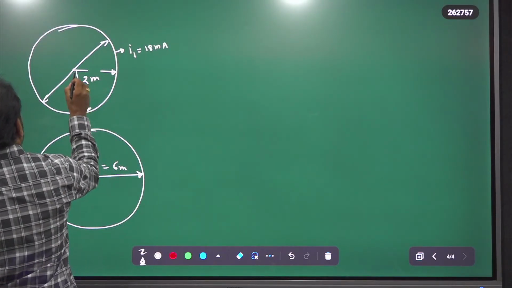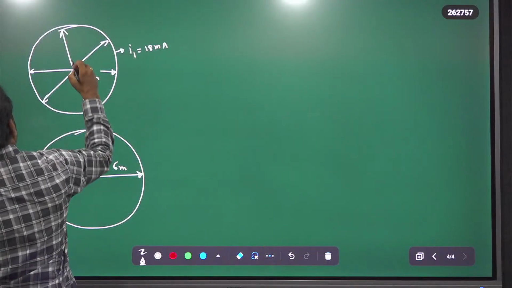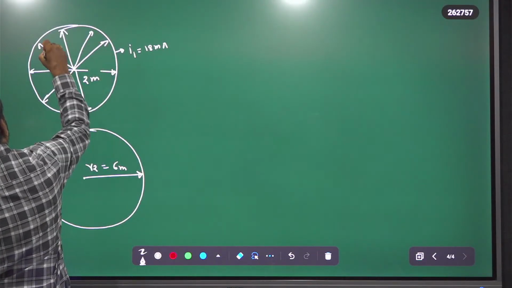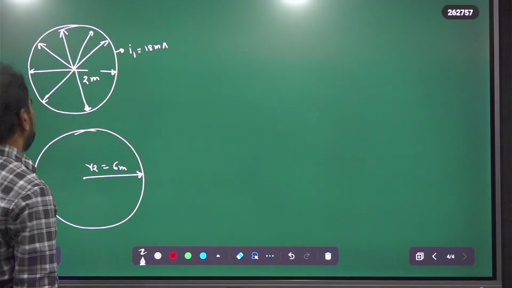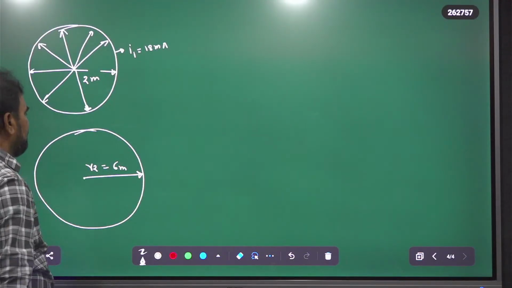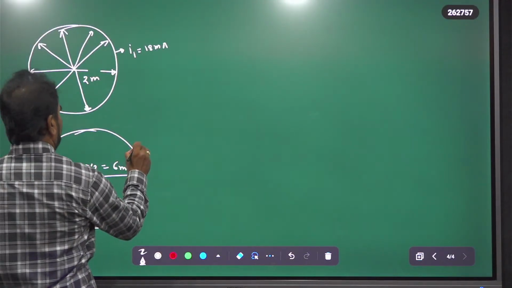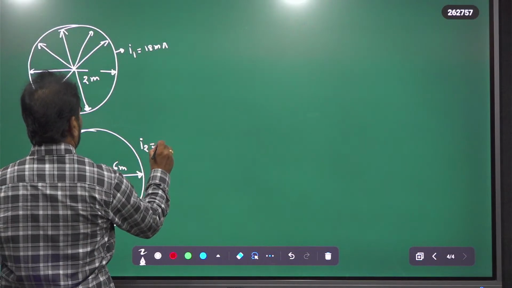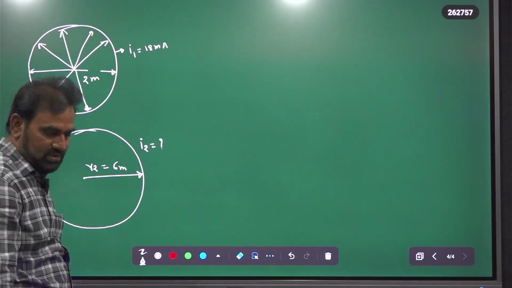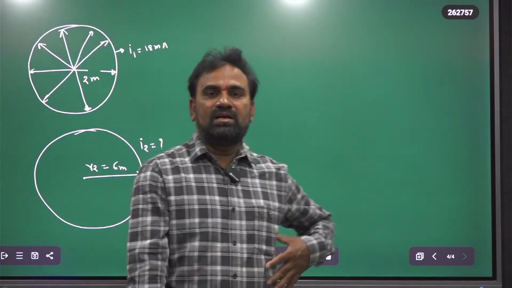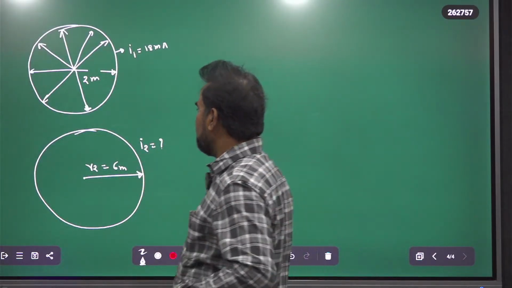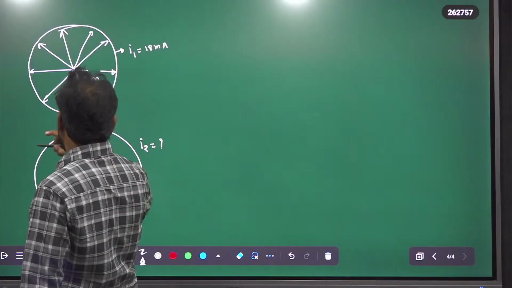With a radius of 2 meters, the current is I1 equal to 18 milliamps. If the radius is increased to 6 meters, how much current would this point source produce? That was the question: find the current produced by the second source shown in the figure.